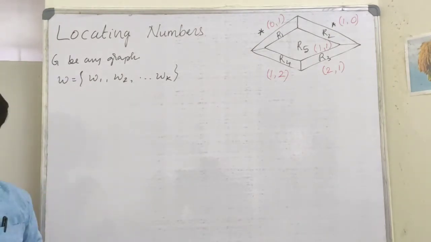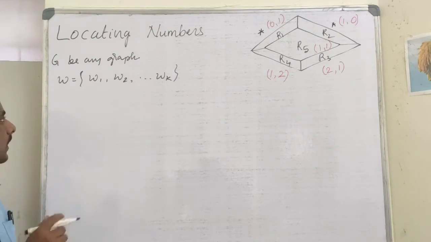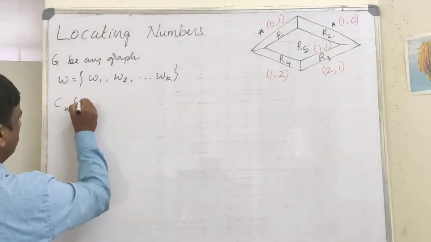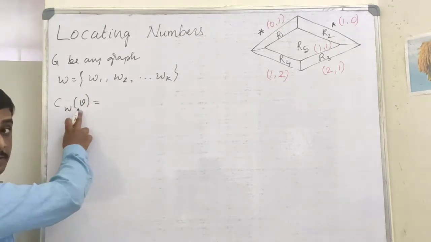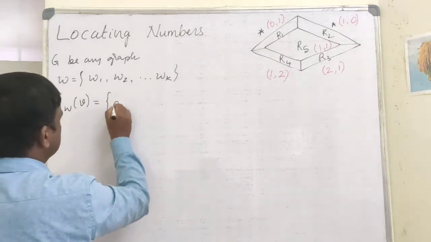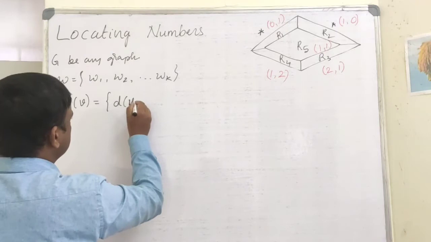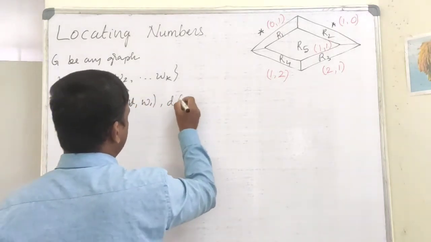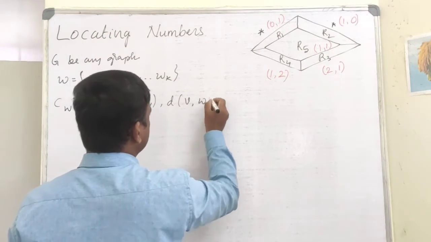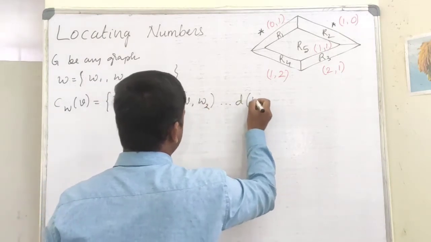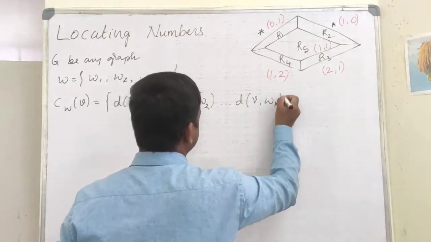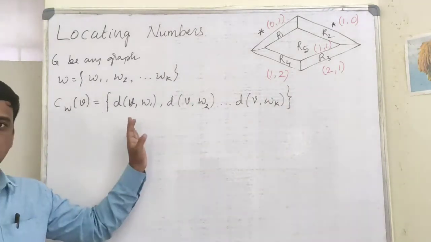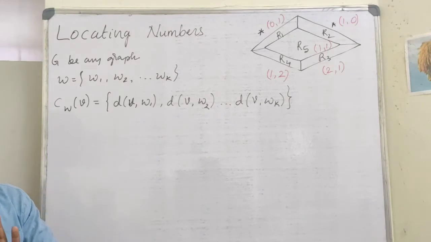Now for each vertex V of the graph, I'll assign a code C_W of V: the distance of V to W1, the distance of V to W2, and so on, the distance of V to Wk. This is called the locating code, or simply the code.